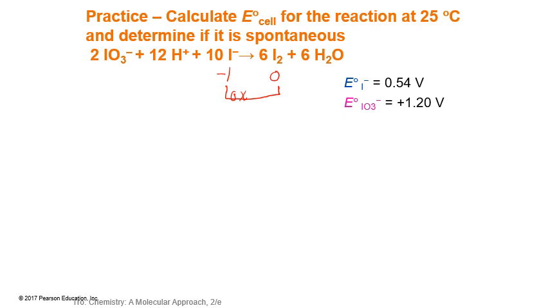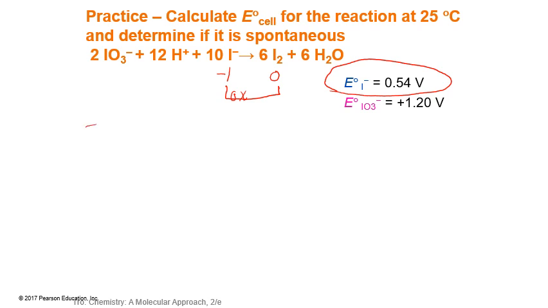Oxidation is the anode, which is our more negative value, which is true in this case, meaning that this should be a spontaneous reaction because our oxidation is also the more negative value.